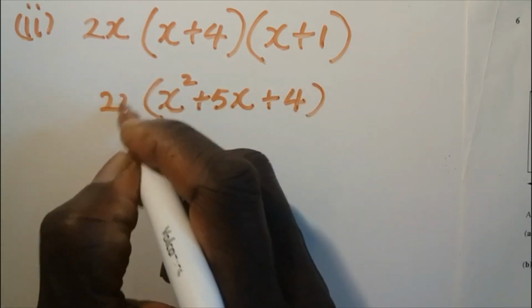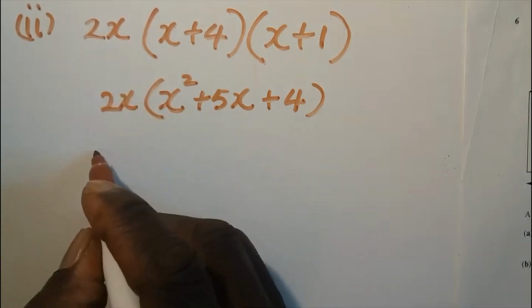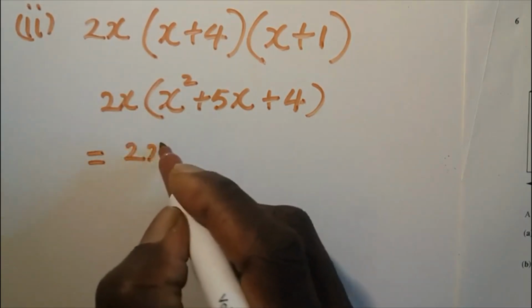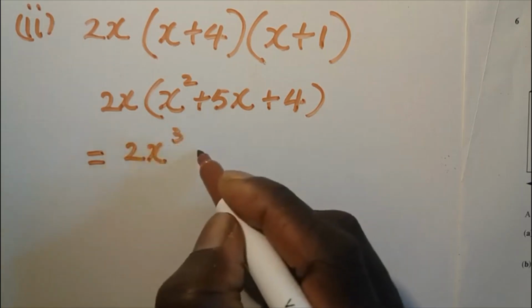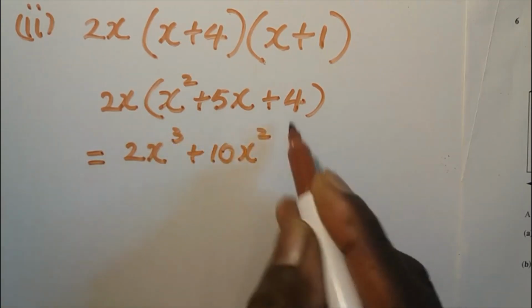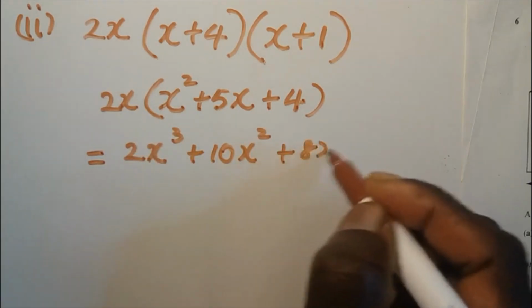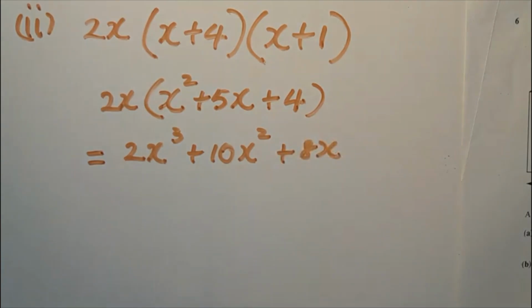And now we have to multiply all of this by 2x. This is equal to 2x cubed, add 10x squared, 2x times 4 is 8x. So that's part A(ii).